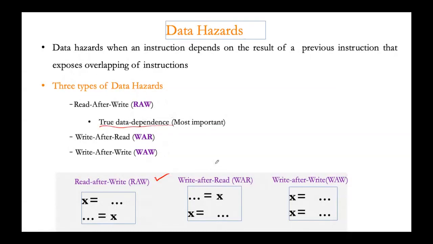The second is write after read, also called anti-dependency. And the third is write after write, which we call output dependency.